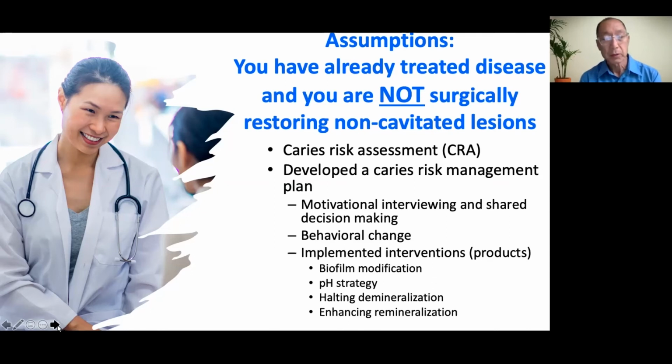Because if we don't understand what they value, how can we have them change their behaviors? We need them to do behavioral change to implement the strategies that we recommend to combat the disease, which should include biofilm modification, a pH strategy, halting demineralization, and enhancing remineralization.